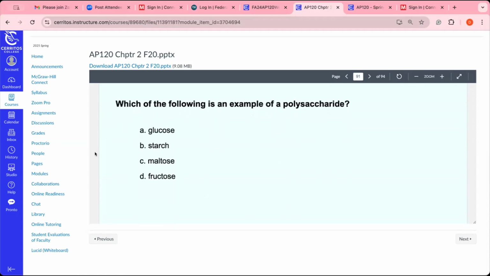Is there another question? Which of the following is an example of a polysaccharide? A polysaccharide, that I don't know. Polysaccharides are bigger sugars. Glucose is a simple sugar. So glucose, starch, maltose, or fructose.